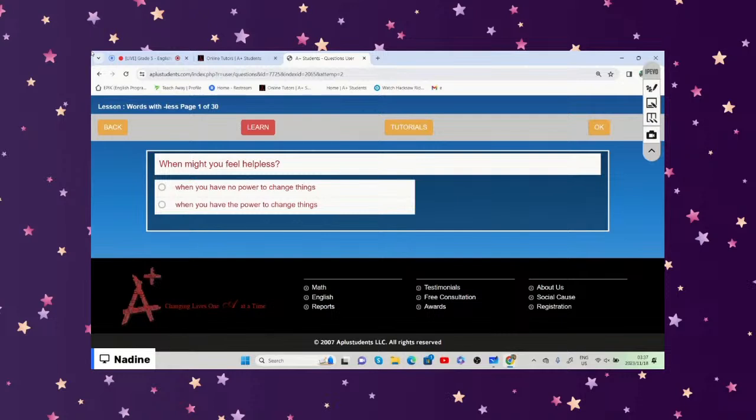All right, so the question is, when might you feel helpless? And remember, we said that the word less that we add to help means without. So basically, when might you feel without help, like you can't do anything?